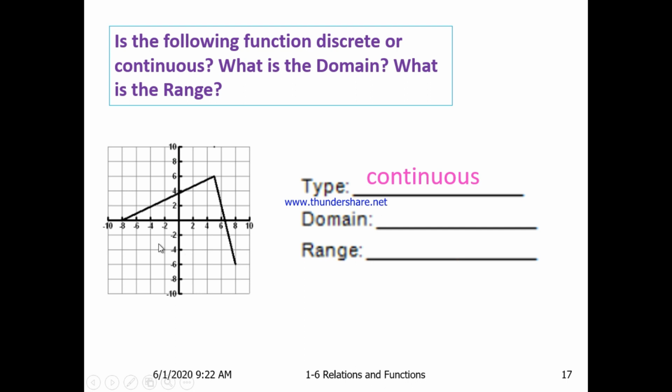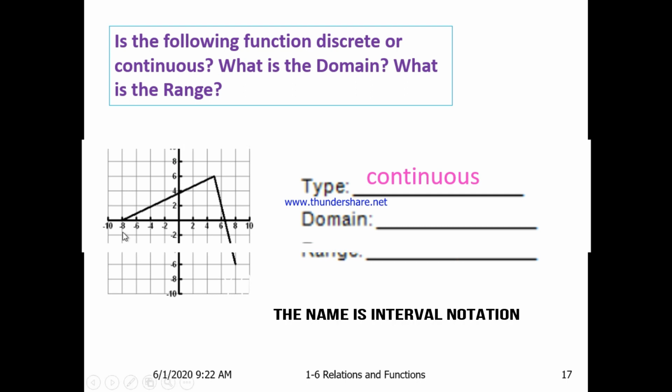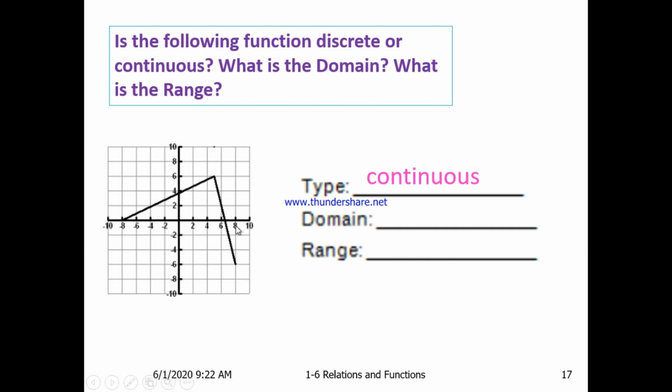So, atong i-write ang iyang domain. Okay, we'll start from negative. The domain starts from negative 8 to positive 8. So, tanaw mo ang iyang at both ends. So, from negative 8 to positive 8. Why? Because it stops here. So, negative 8 to positive 8.